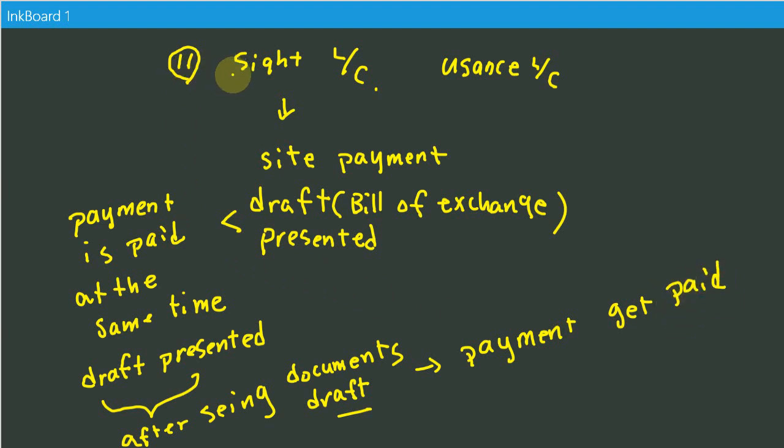This is sight LC, but usance LC is different. Usance LC is deferred payment, meaning delayed payment.